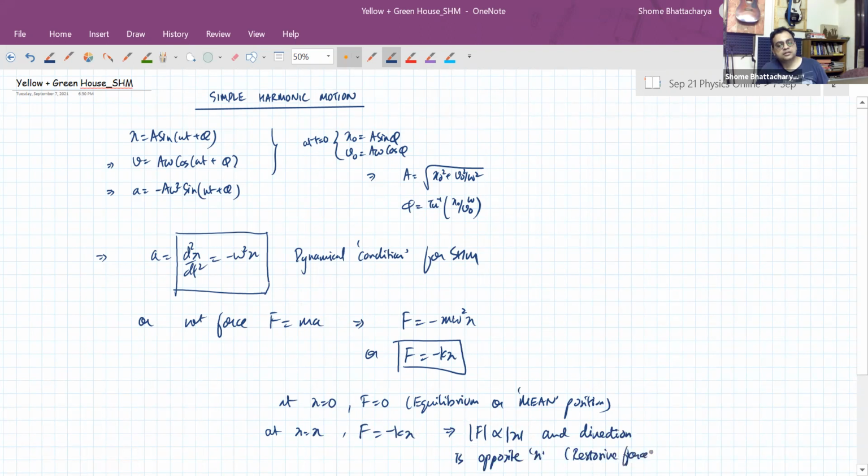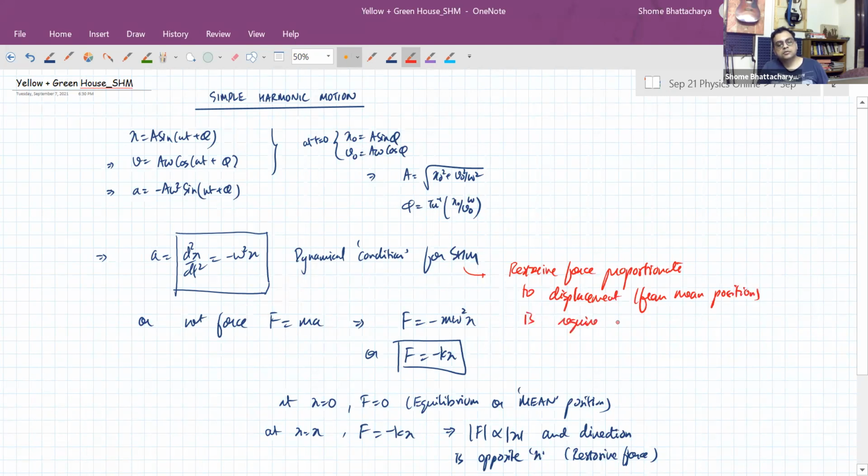In words, the dynamical condition becomes: a restorative force proportional to displacement from the mean position is required for SHM.